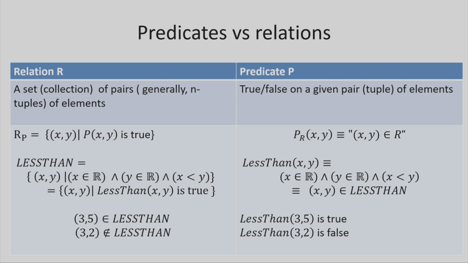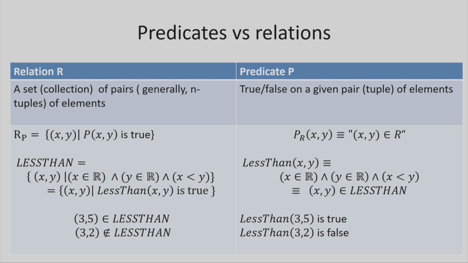So the less than relation is defined to be all the pairs xy for which less than of xy predicate is true. And similarly, less than of xy predicate is equivalent to pair xy belongs to less than relation.